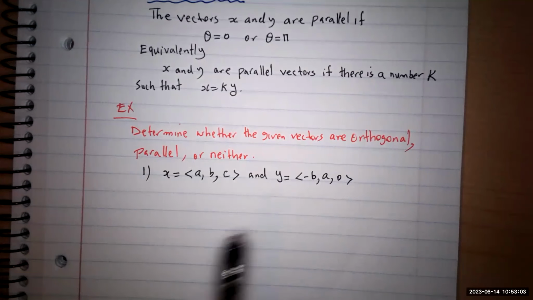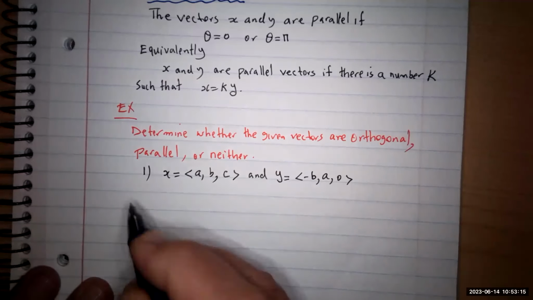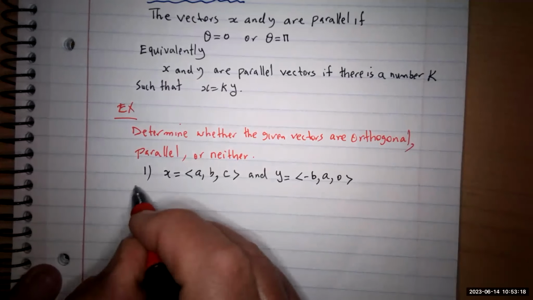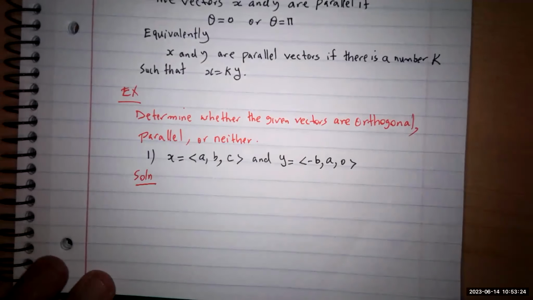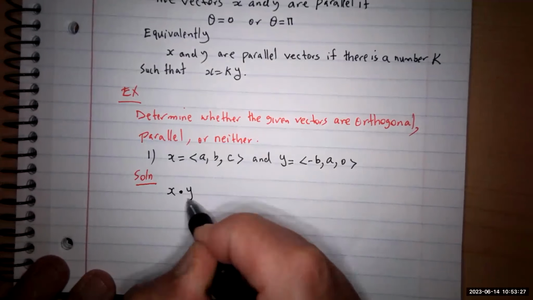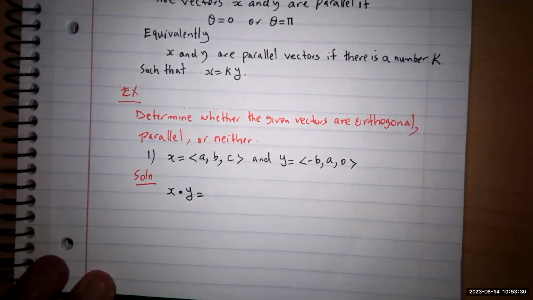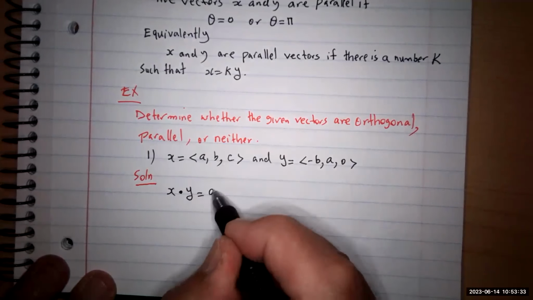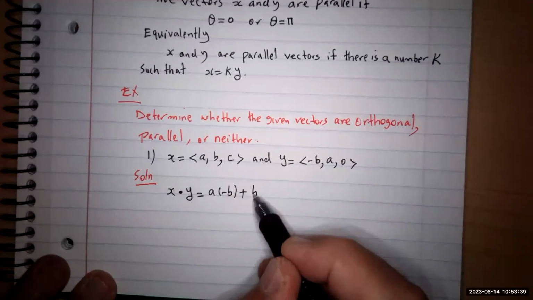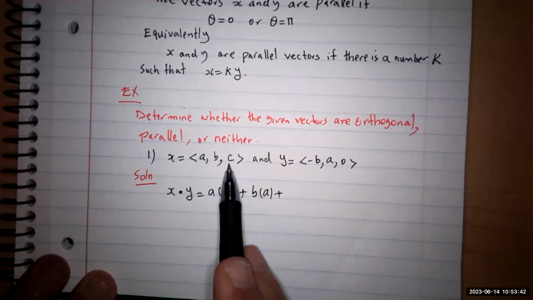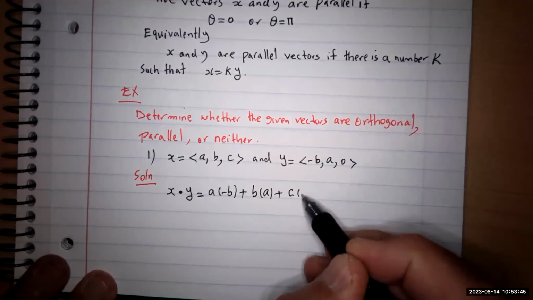They are not parallel, as you can see. One is not a multiple of the other. So we check to see if they are perpendicular. Find the dot product. The solution is to check x dot y. You multiply these: a times negative b plus b times a plus c times 0.